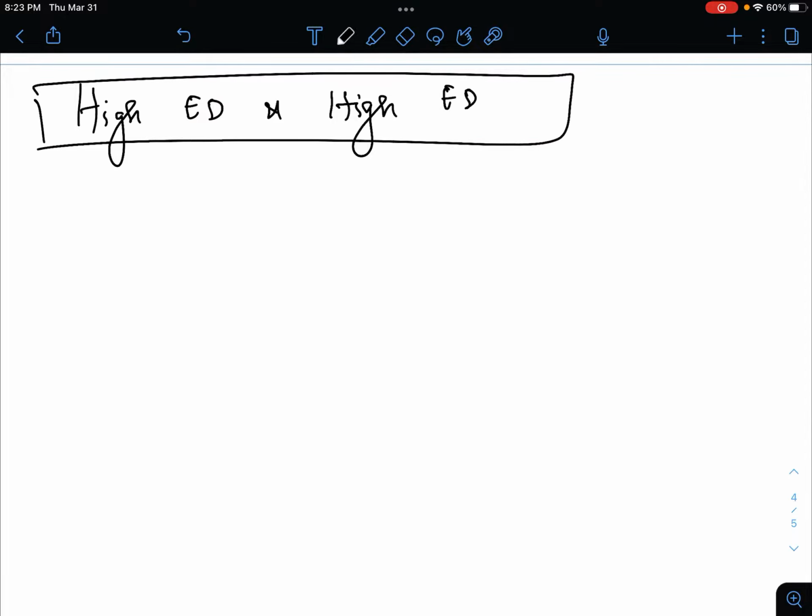Now why is it so? Because of high human development and high economic development. Why? Because they have attained the fourth stage of demographic transition, isn't it?